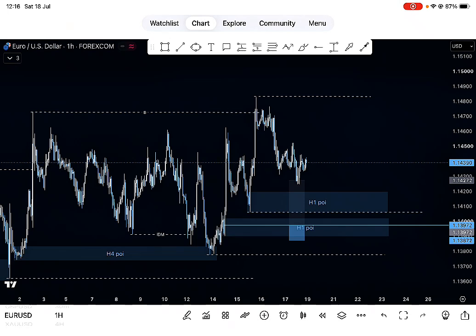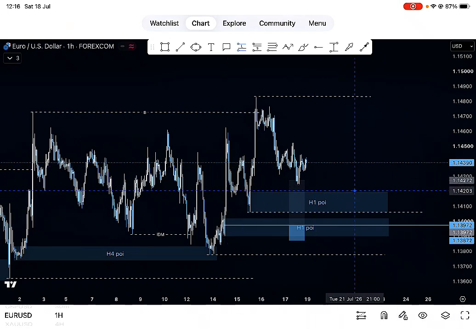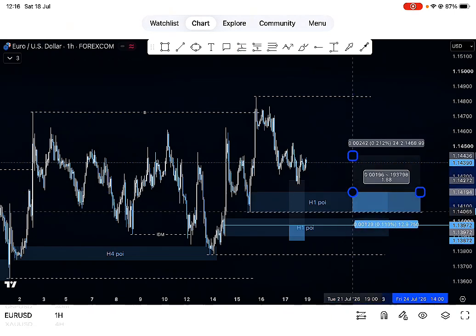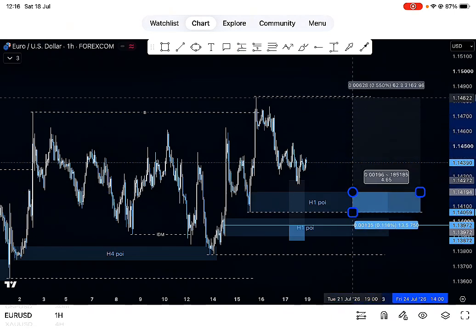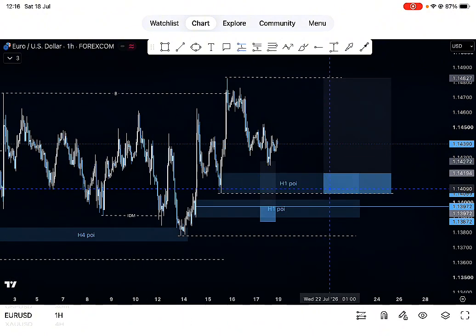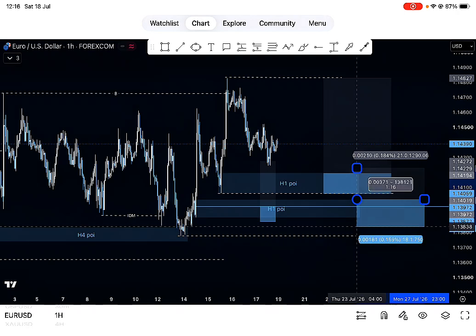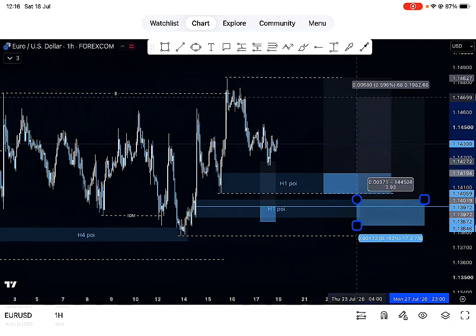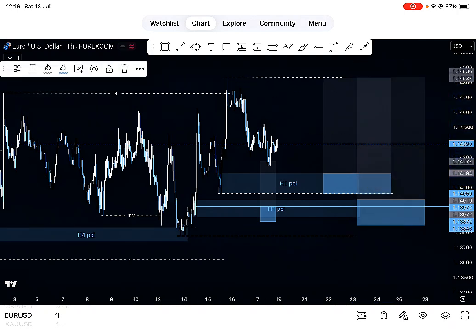And some people can as well buy from here and target this liquidity, some other people will buy from here as well, and the same target, of course.